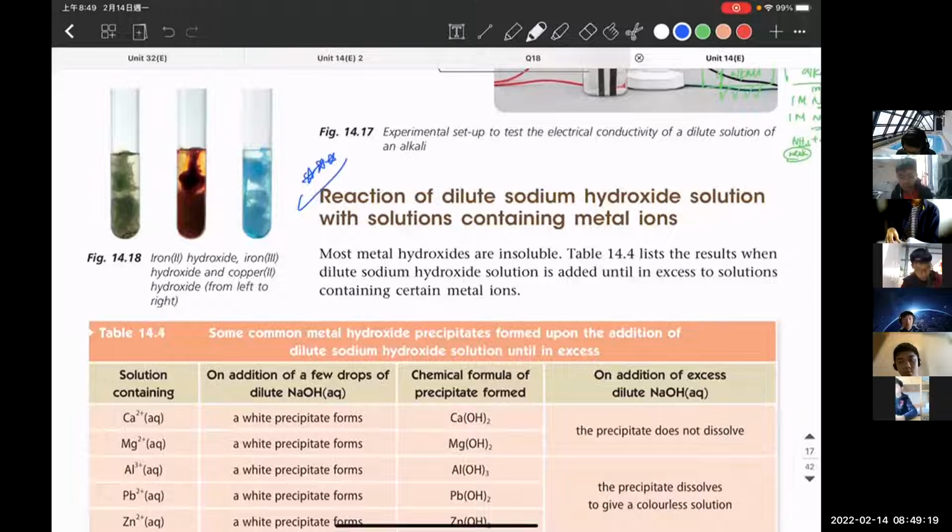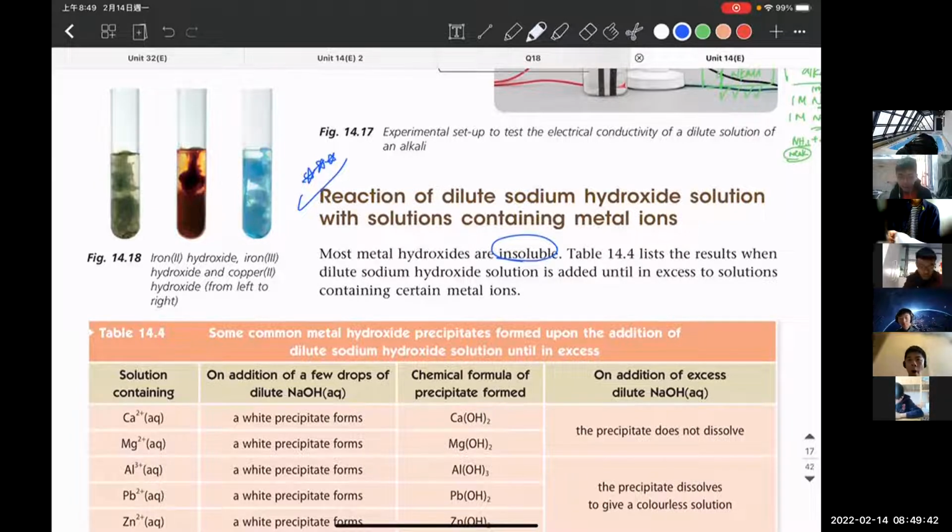Most metal hydroxides are insoluble, right? As I said before, there is a slight difference between a base and an alkali. So you know that except for group 1 hydroxides, which are water soluble, most metal hydroxides are insoluble.